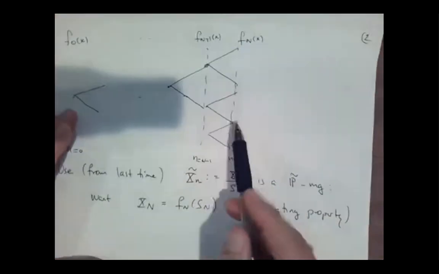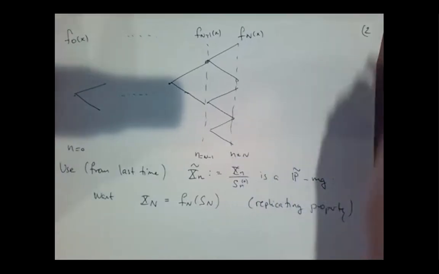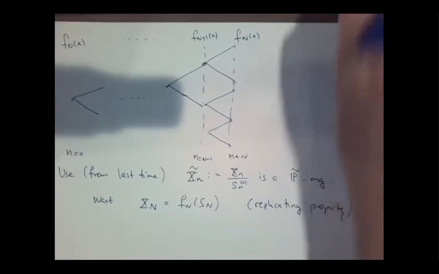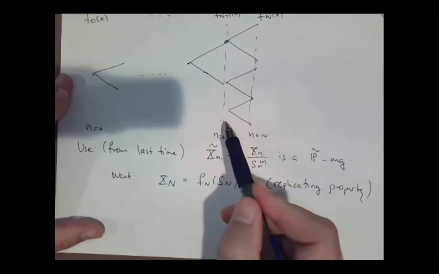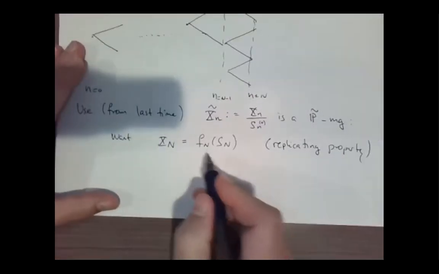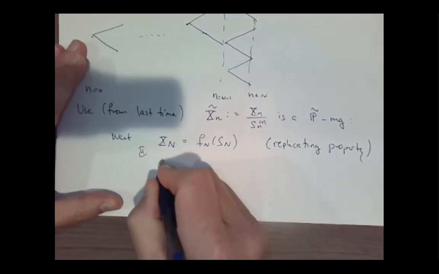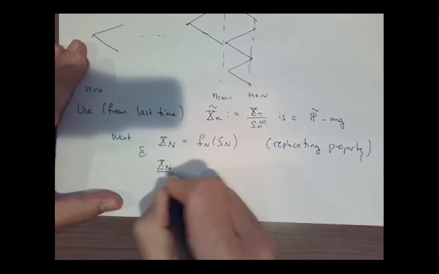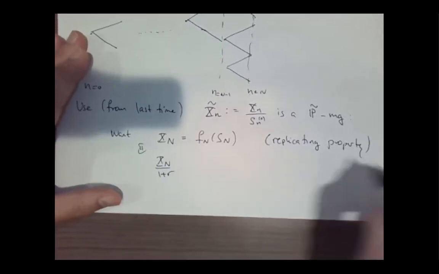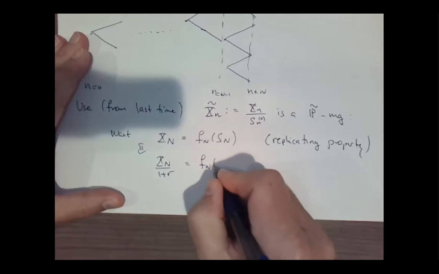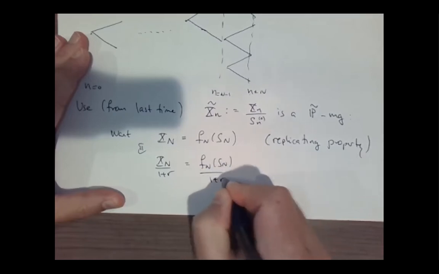So now we want to go from out here at time capital N and then move backward. And if I want this, then, not surprisingly, the same thing as saying that if I divide by 1 plus r, this is the same as wanting this quantity.